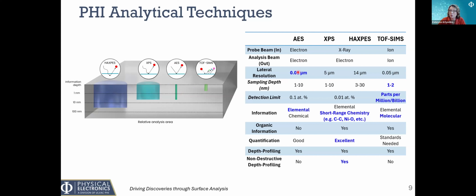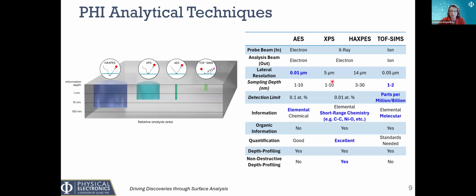Something really unique about Auger in this set of techniques is its very high lateral resolution. In XPS and HAXPES, where HAXPES is high energy XPS, we are using X-rays as a probe, and as we've talked about before, X-rays penetrate quite deep, up to a micron, but we're using electrons as our beam out, which provides the surface sensitivity of the technique.